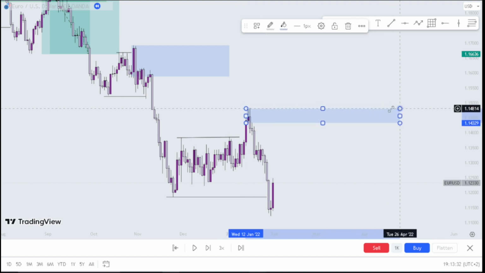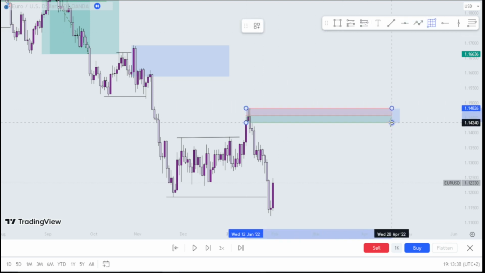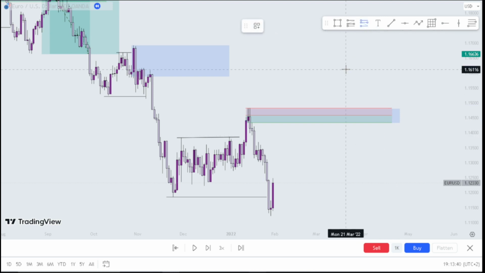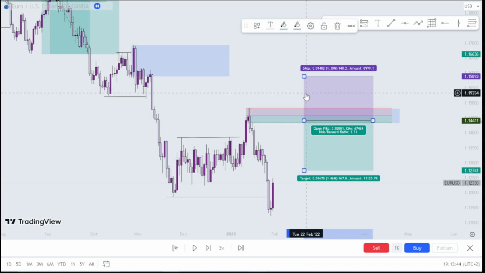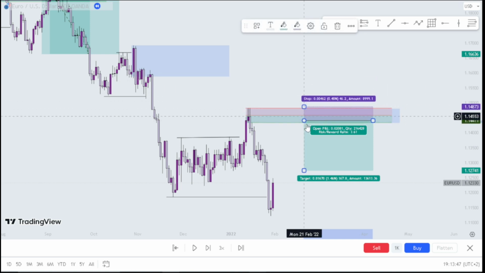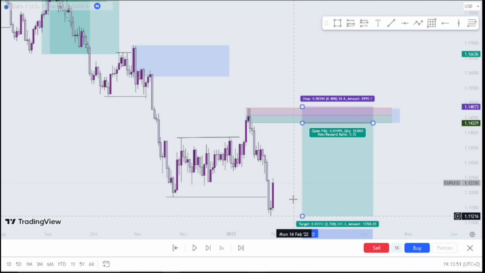Same thing, we can choose to enter off the 50% or on the open of the order block. Let's say in this scenario, considering the fact that the risk to reward is good, let's say we enter off the open instead of the 50%. And we target the lows there. Let's say we enter here.